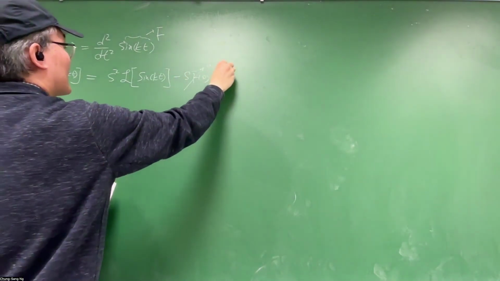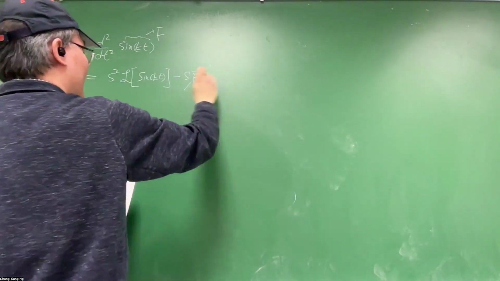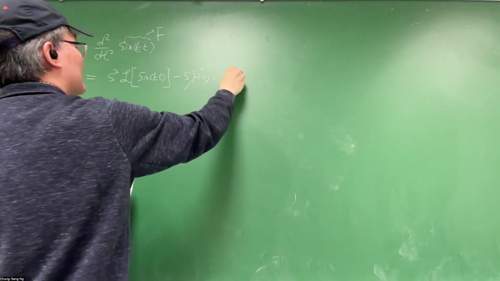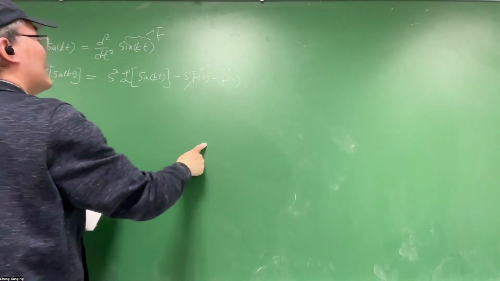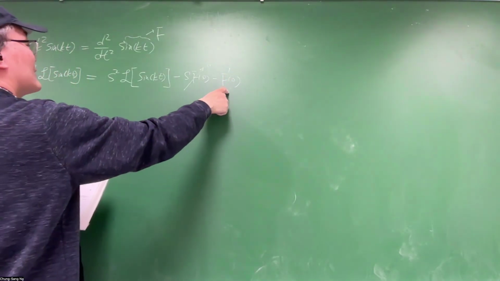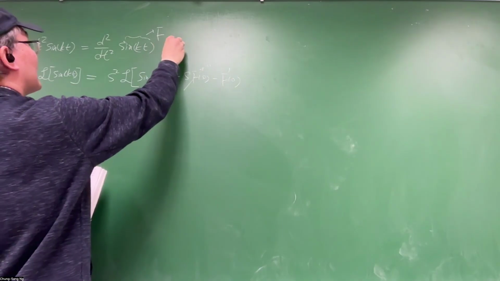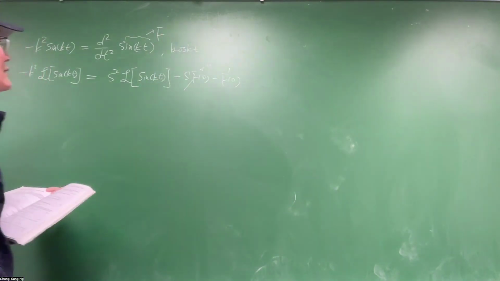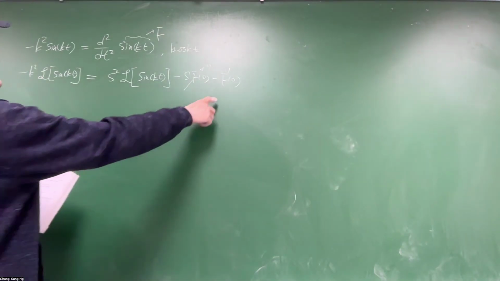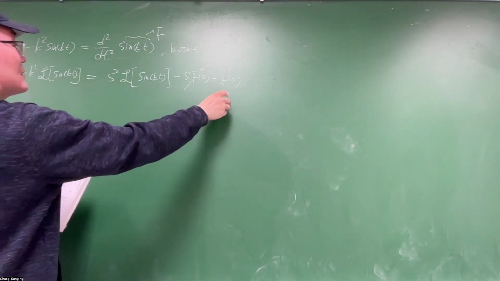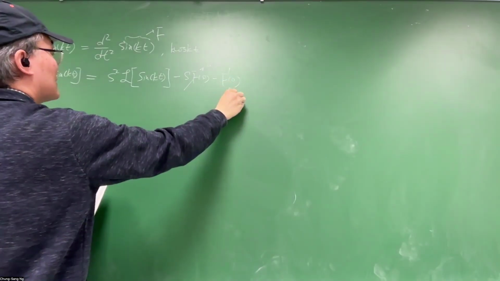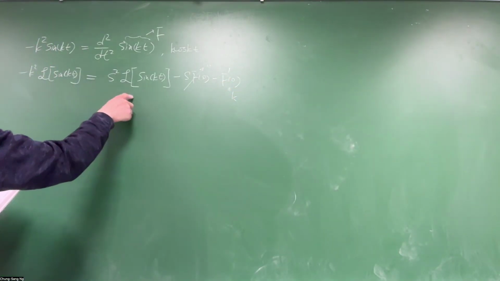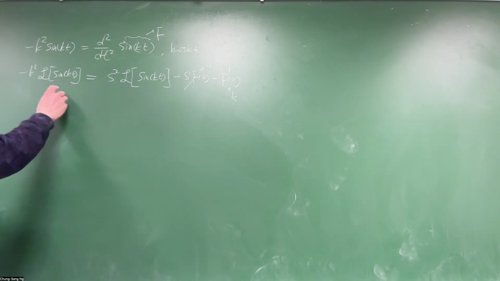And then minus f prime of 0. And f prime is cosine kt times k, so f prime of 0 is k. So now you have an equation for the Laplace transform.